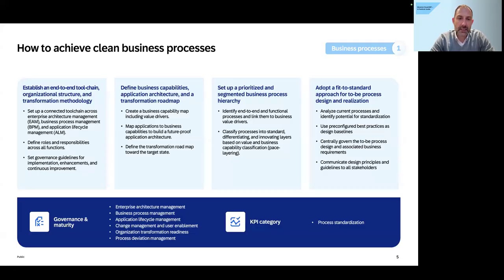I was saying the last time already that when I created the slide, I divided it into 4 sections. One section talks about having an end-to-end tool chain, the organization being established, and the transformation methodology, both for an initial transformation but also for a continuous transformation that happens, for example, after you've transitioned to an SAP S/4HANA solution.